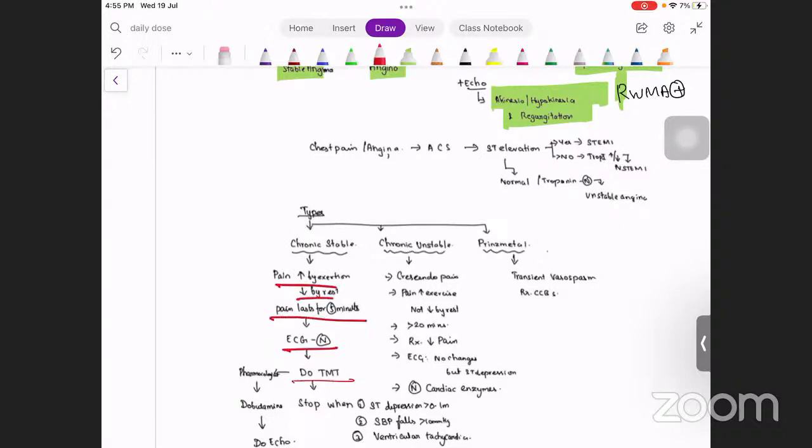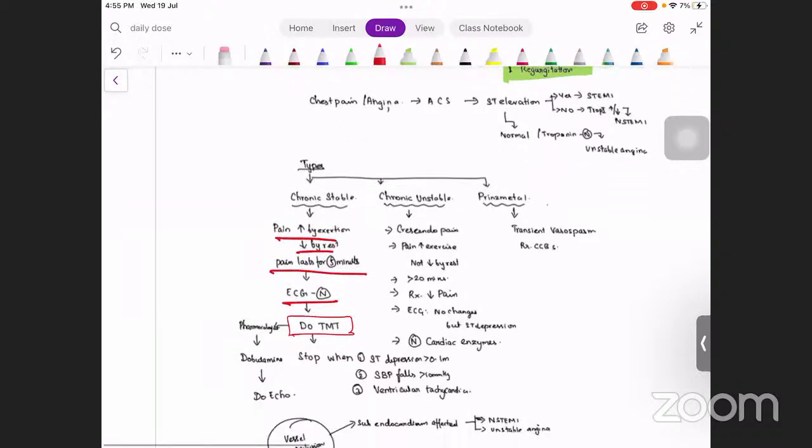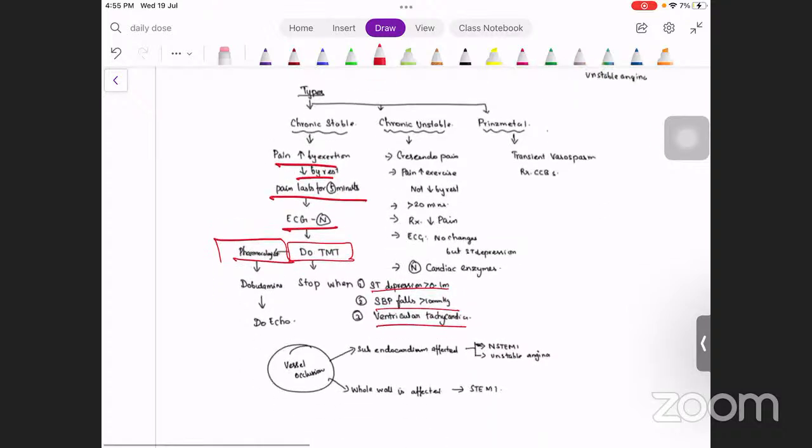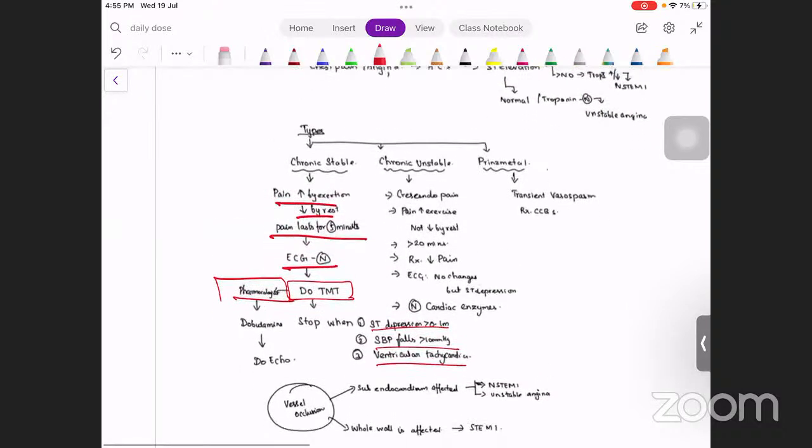ECG shows normal. When you do the TMT, it will become positive. You stop the test whenever ST depression is more than 0.1 mm, systolic BP falls more than 10 mm Hg, or the patient develops ventricular tachycardia, and then you may think about chronic stable angina. You immediately stop with a positive TMT.